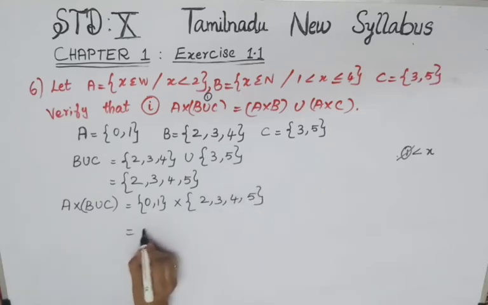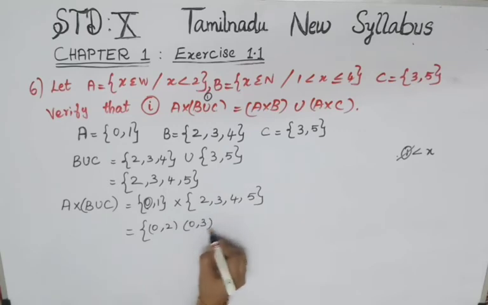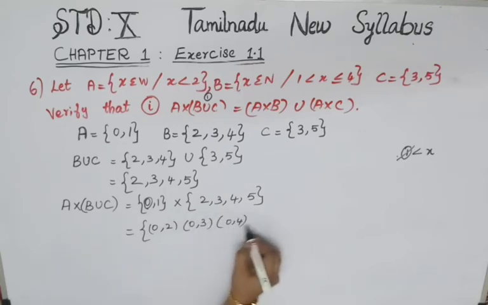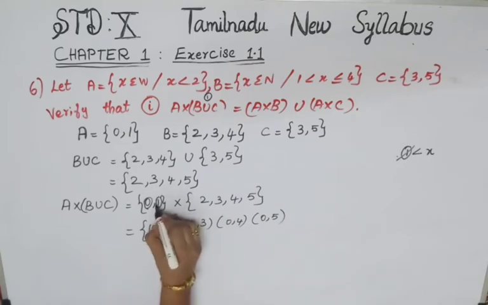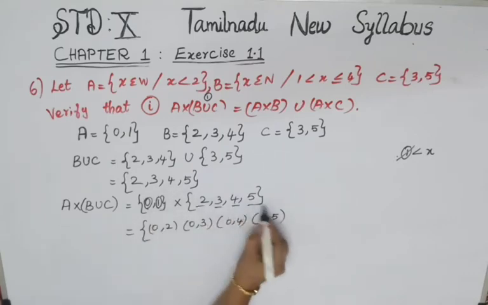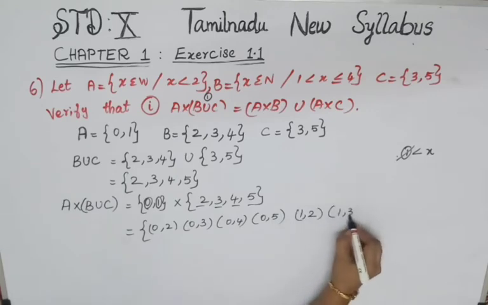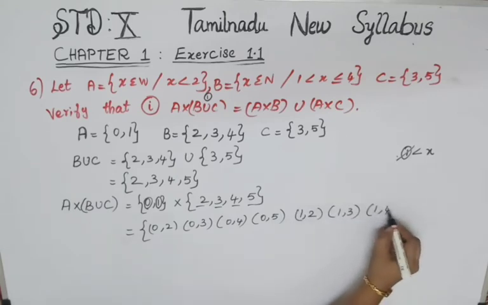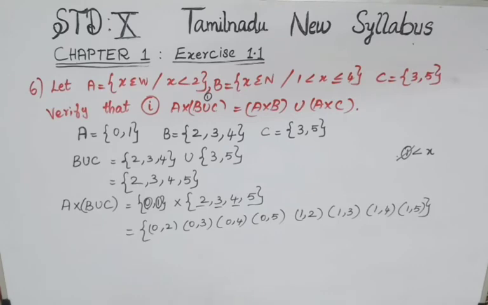Now for the cross product, the first element in A has to be joined with these elements: (0,2), (0,3), (0,4), (0,5). The second element in A has to be joined with all these elements: (1,2), (1,3), (1,4), (1,5). So your A × (B ∪ C) is done.